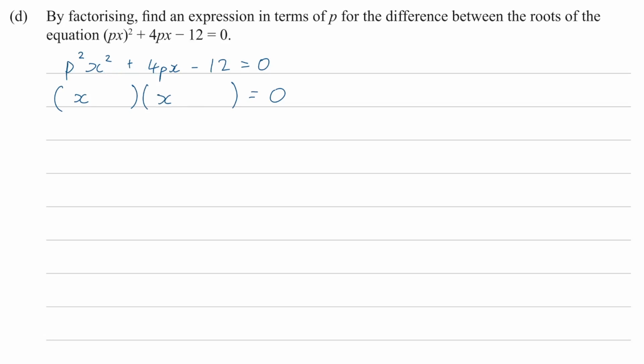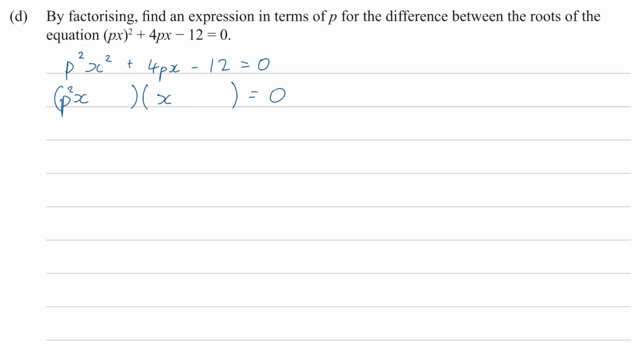So we could have something like px and px, or we could have something like p squared x and x. In both situations, when we expand it, we will get p squared x squared. So let's just try this one, and if it doesn't work, we'll try the other one.